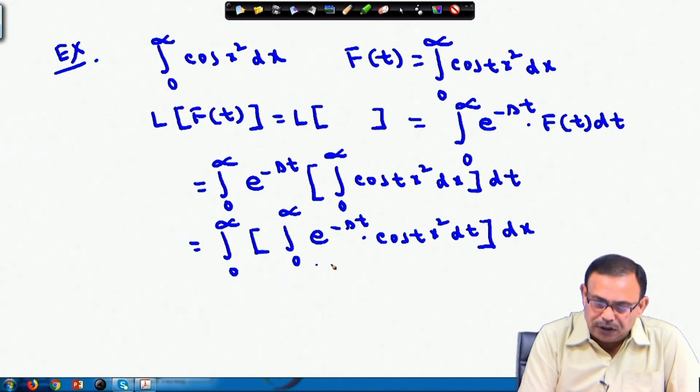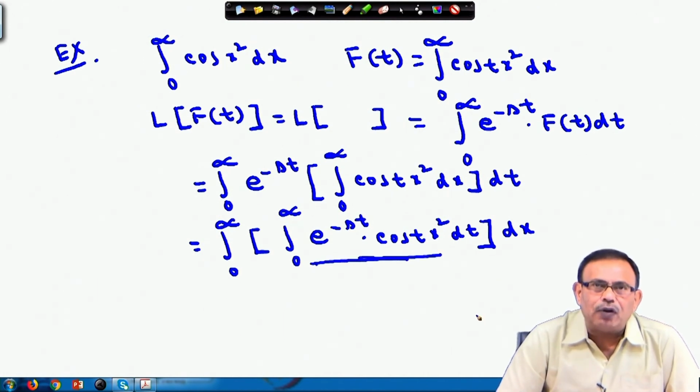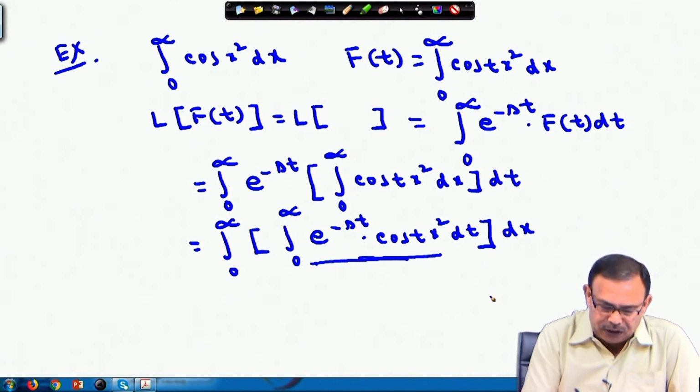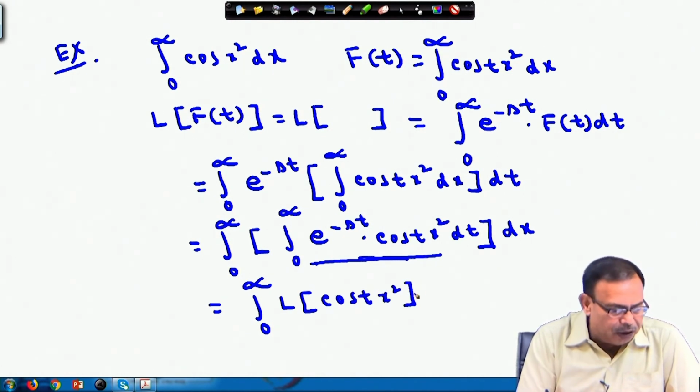This integral is nothing but the Laplace transform of cos of t x square from the definition. The Laplace transform of cos of t x square is 0 to infinity e power minus s t into cos of t x square dt. So you can write it as 0 to infinity Laplace transform of cos of t x square into dx.